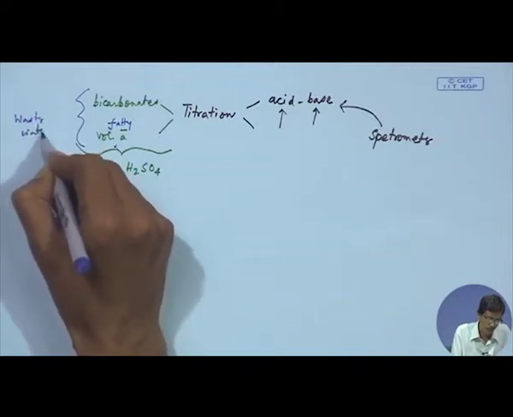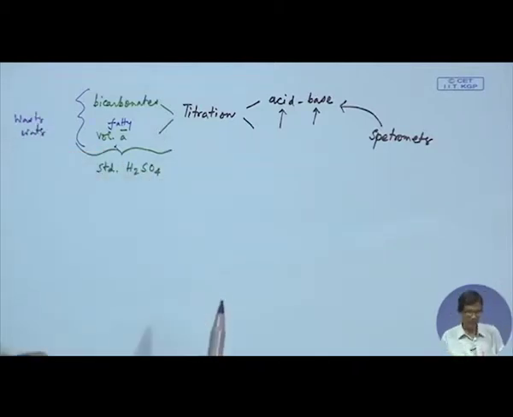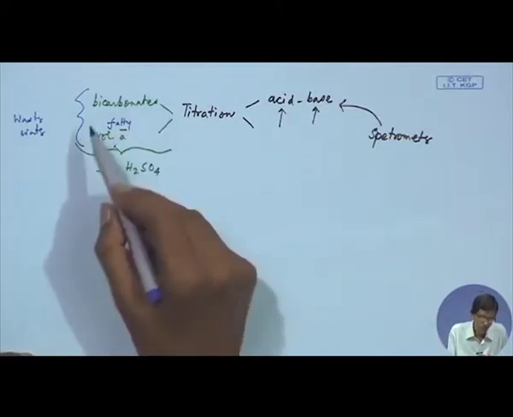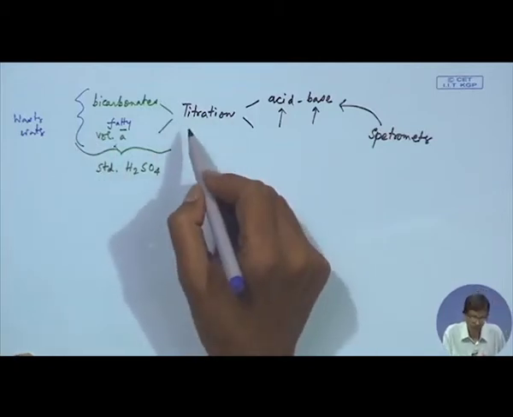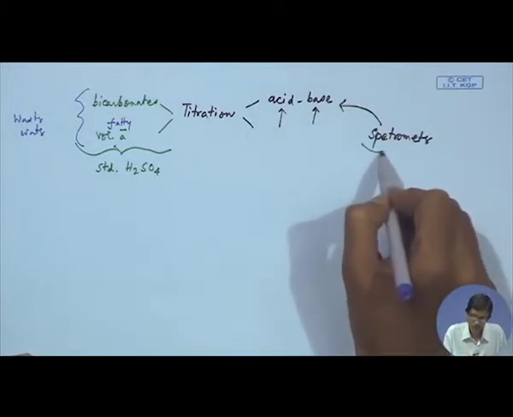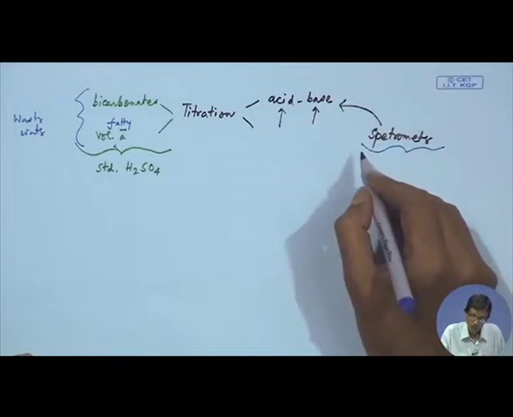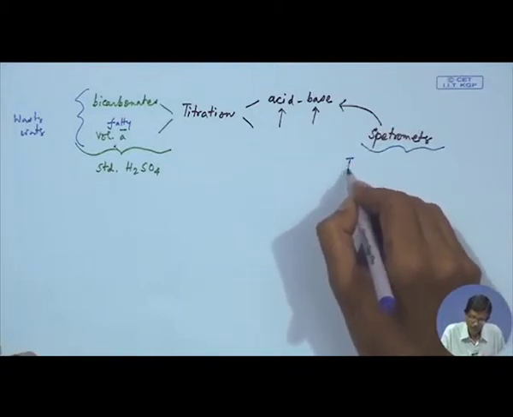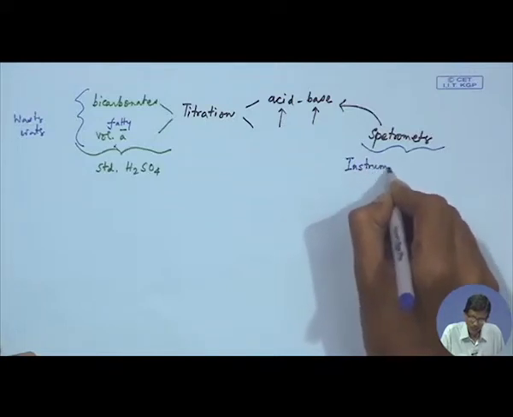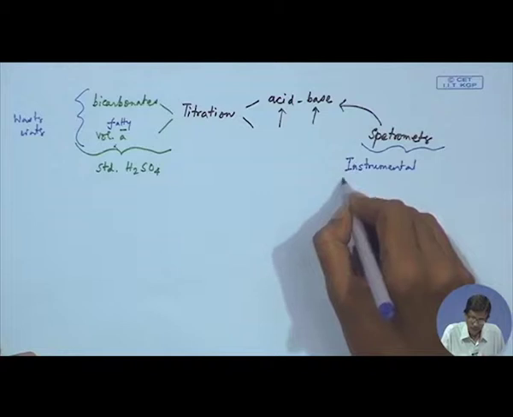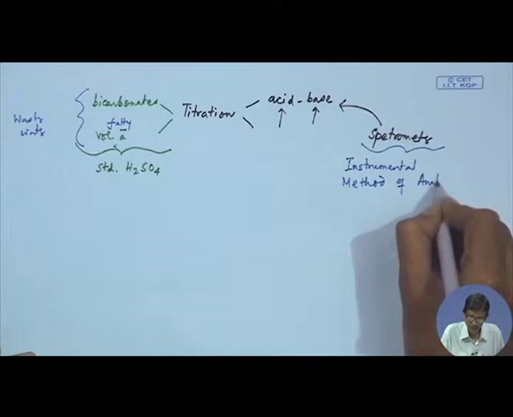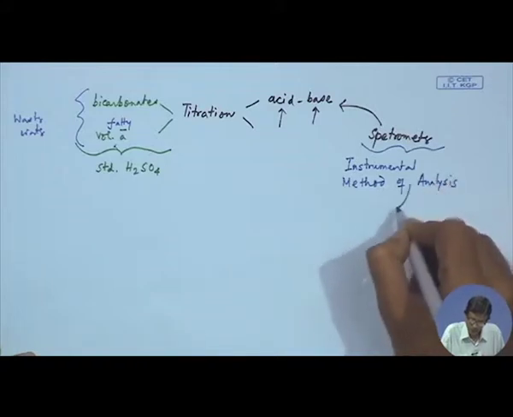At some point we will talk about this, but right now what I want to tell you is how we can design a particular titrimetric method with the help of an instrument, because when we introduce a spectrometer, we can call it a method involving an instrument, so an instrumental method of analysis or chemical analysis.